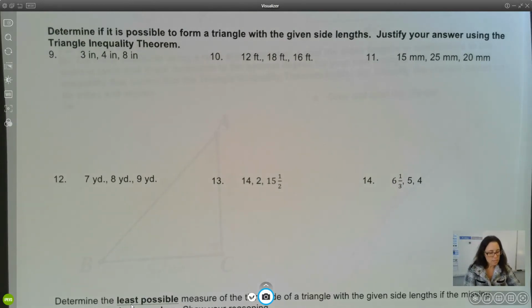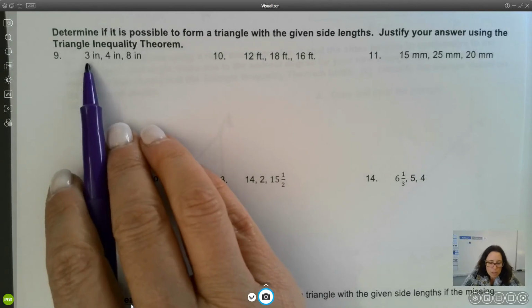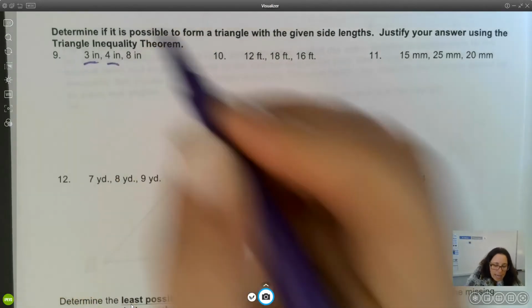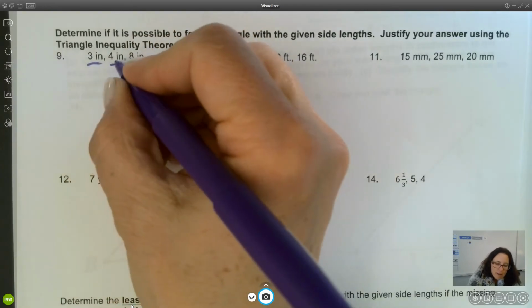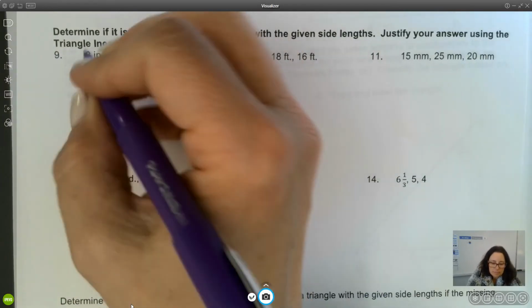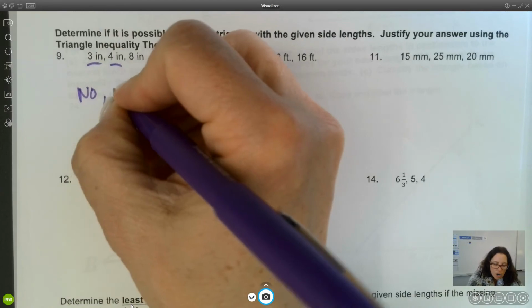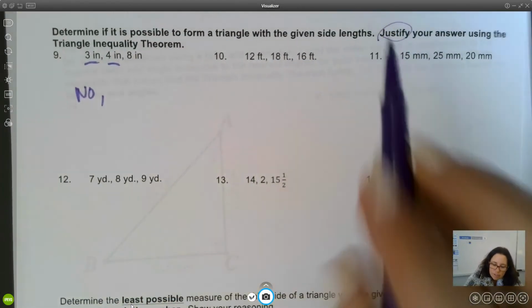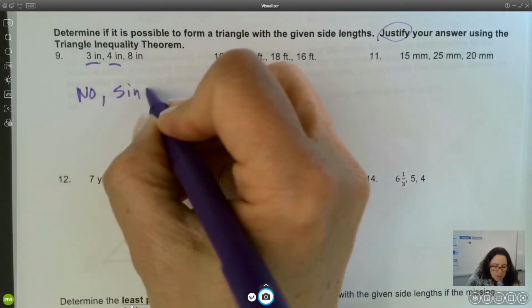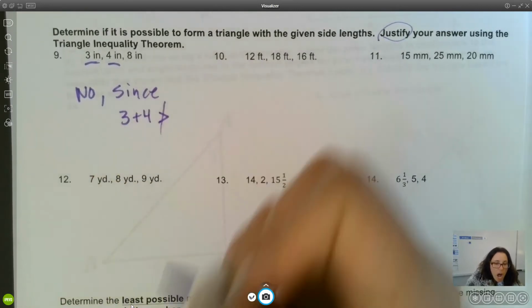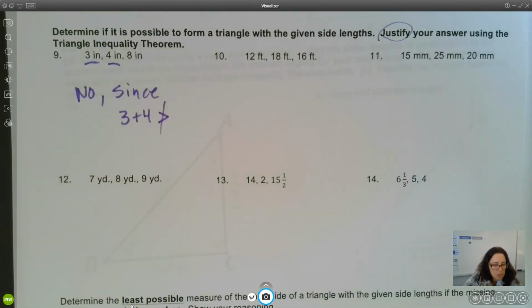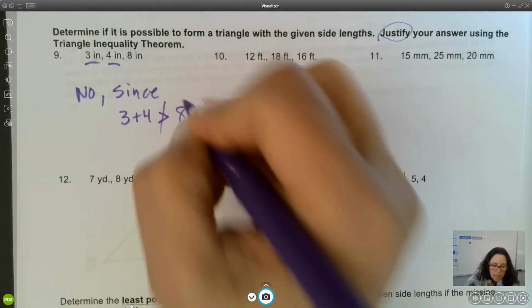We're going to take the two smallest, add them together. 7. Is 7 bigger than 8? No. And our justification is going to be since 3 plus 4 is not greater than 8.